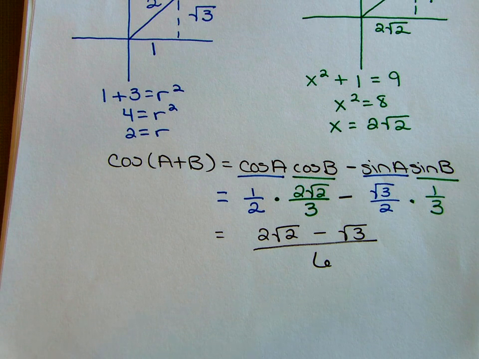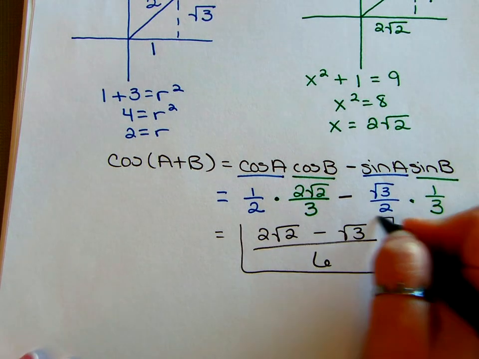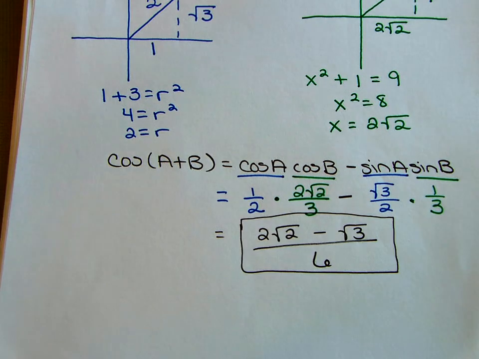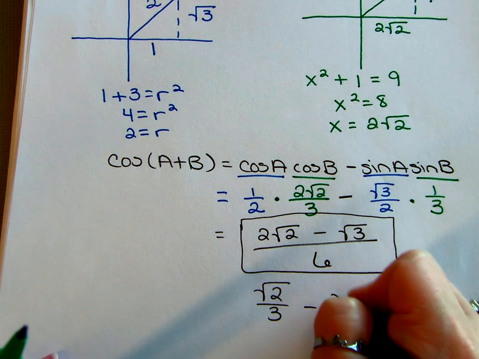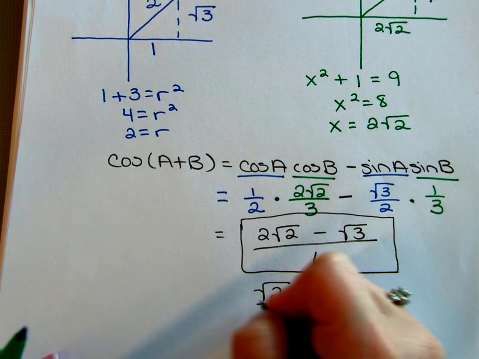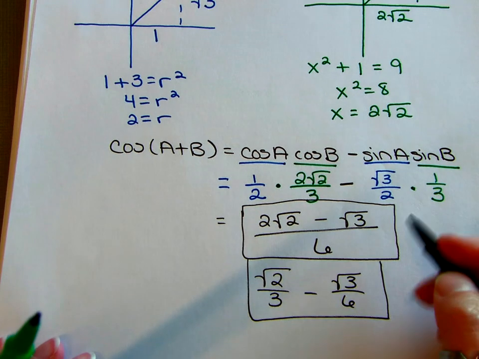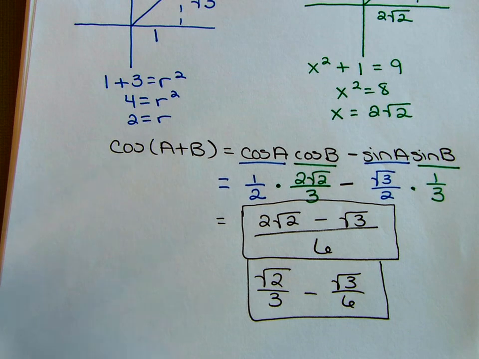If you wanted to have it radical 2 over 3 minus radical 3 over 6, that would be fine as well. I would play around with it in my math lab to see if they prefer it separated, like this, or if they prefer it combined. I don't think it matters. For me, on a test, it wouldn't matter.